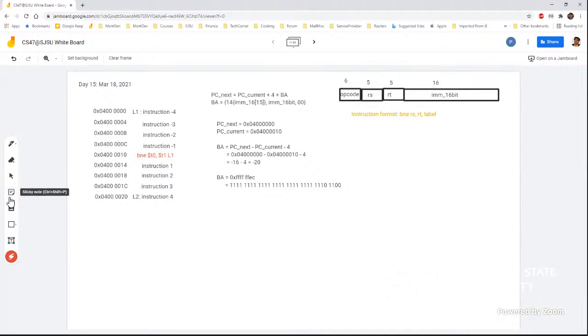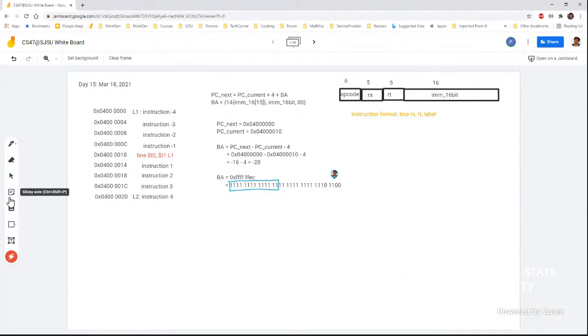Out of that, 14-bit would be my immediate values replication. So let's take 14-bit out of it. 4, 4, 8, 12. This is 14-bit. And take out the last 2 zeros.